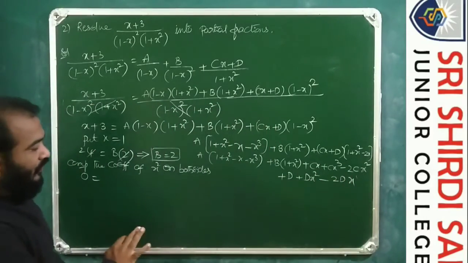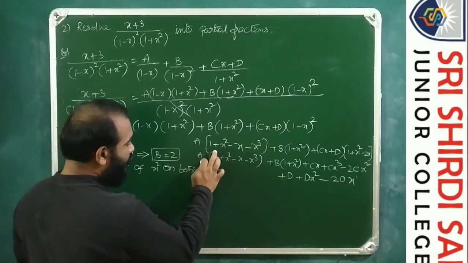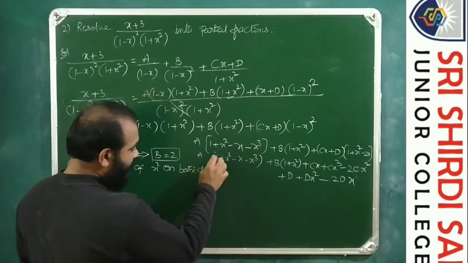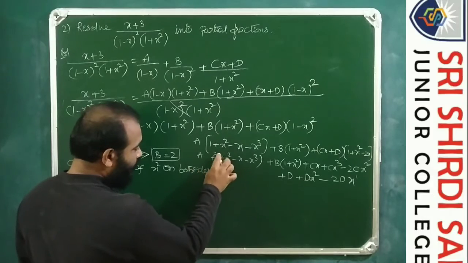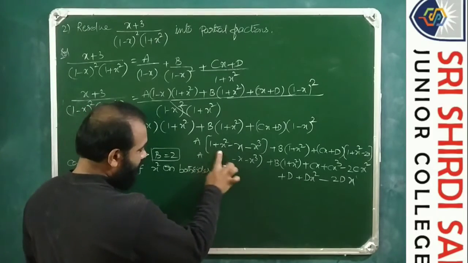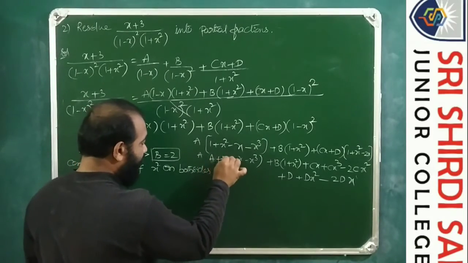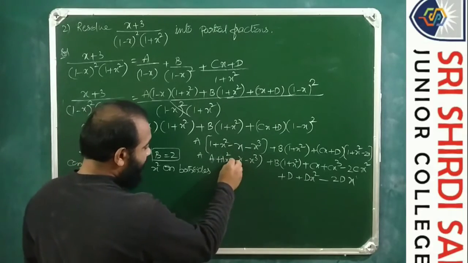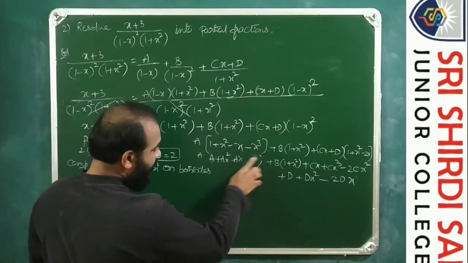So this is what we get. So a also, if you multiply, a into 1 is a, a into x square is ax square, minus ax cube.